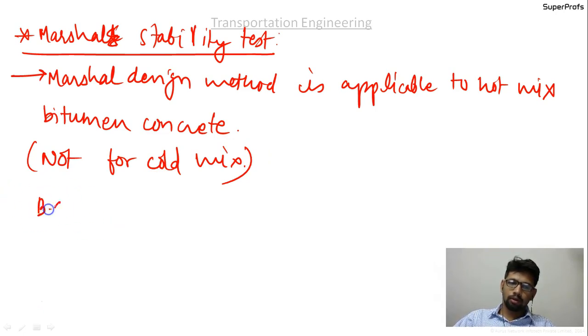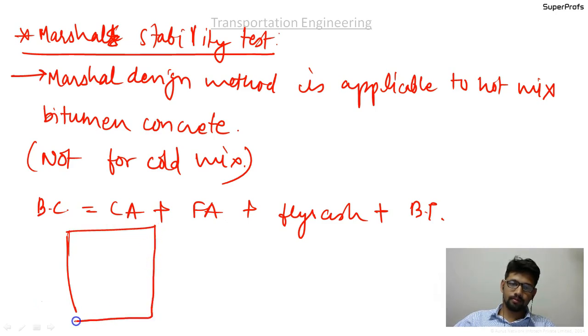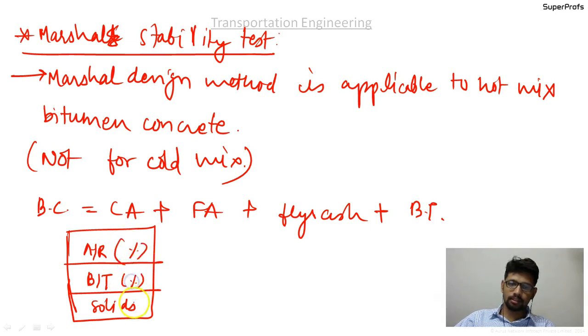So bitumen concrete will have coarse aggregate plus fine aggregates plus fly ash plus bitumen. If I draw a three-phase diagram, it will be of this kind. There will be solids, bitumen and air, and we prefer to measure everything in percentages.